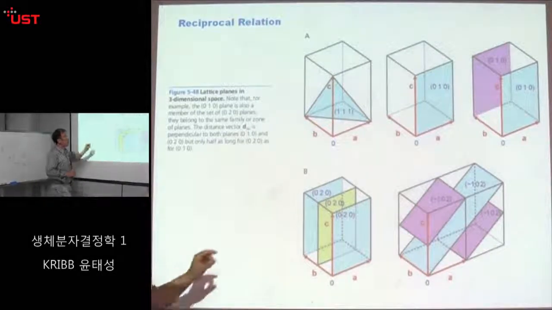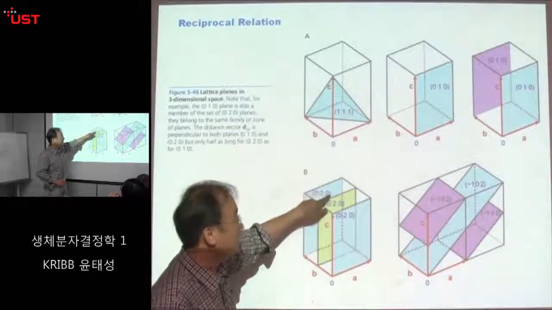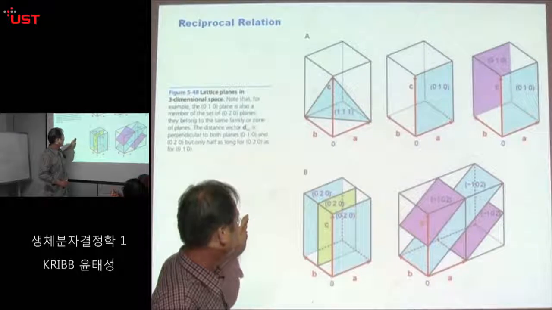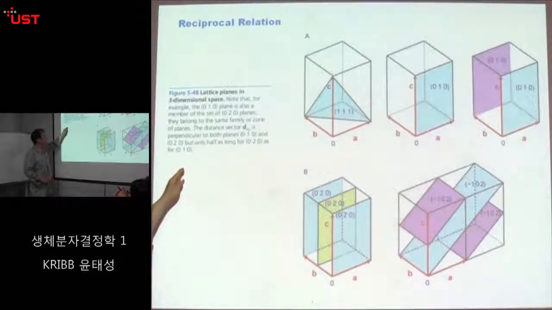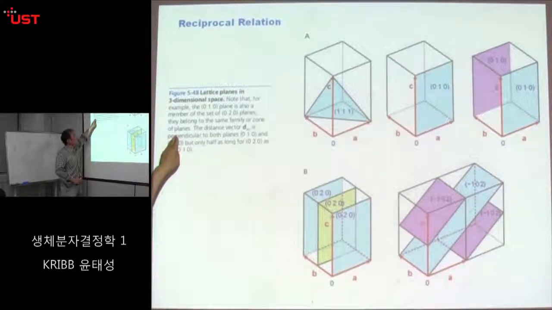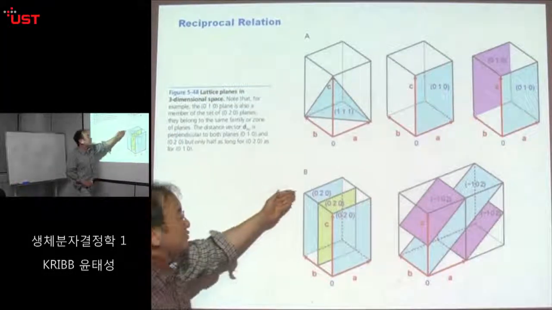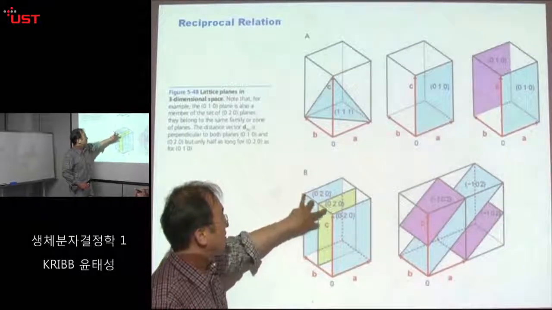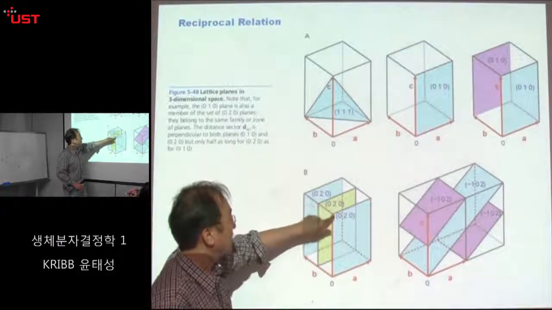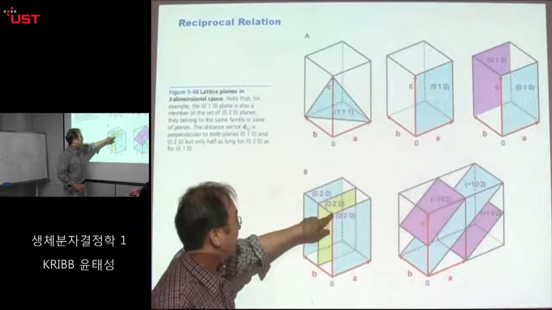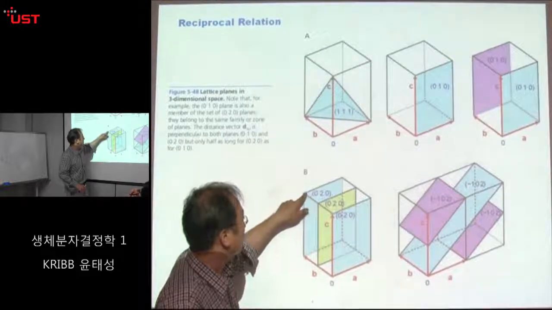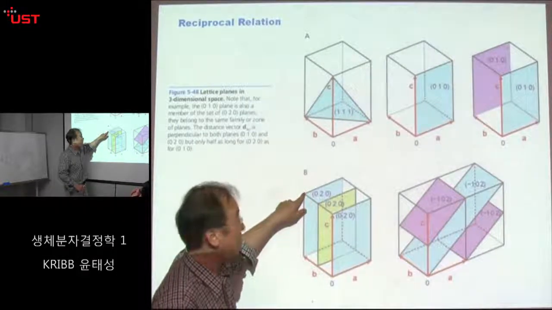If you have, for example, general 0K0, we will take 1B, 2B, 3B, and multiples, then KB up to here. Then planes within the unit cell are like this. We have a total of K plus 1 planes. If we discard this one, we will have 1, 2, likewise 1, 2, 3, 4, 5, 6, up to K. 0K0 will be here.